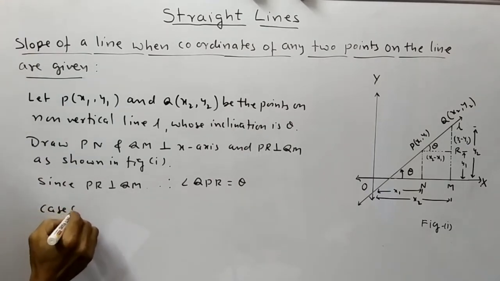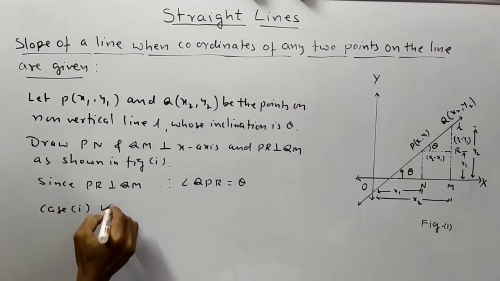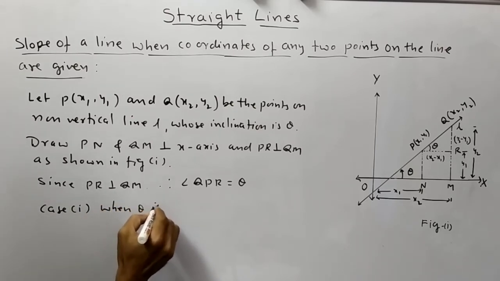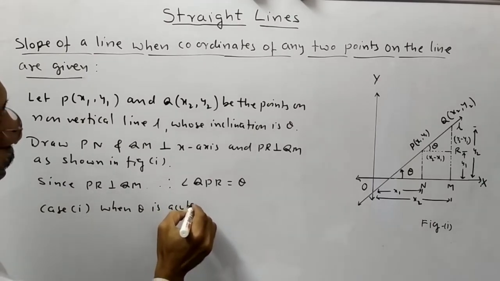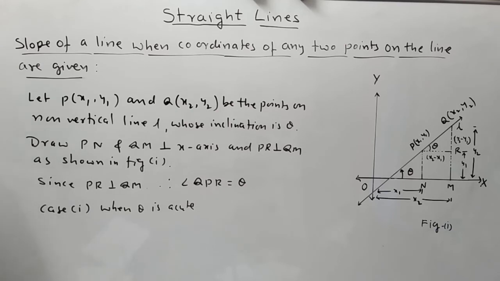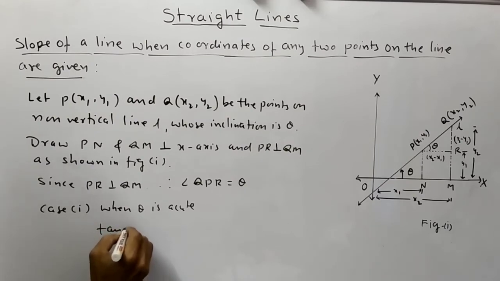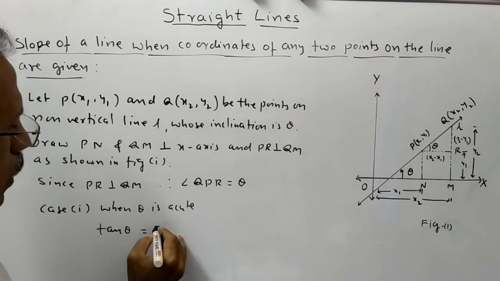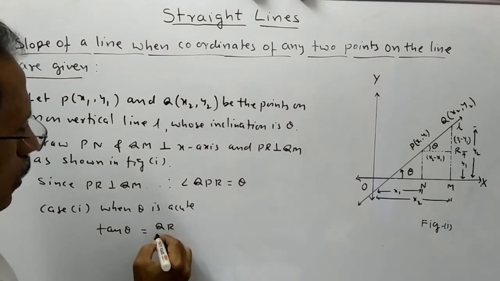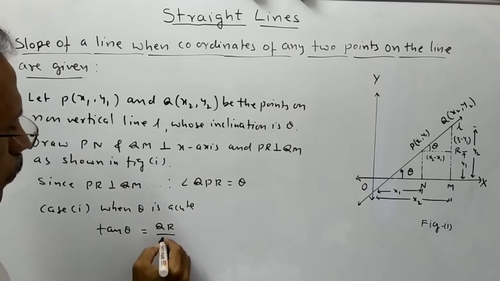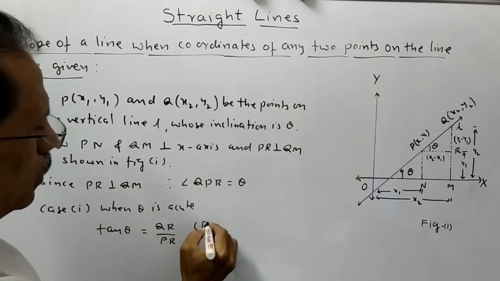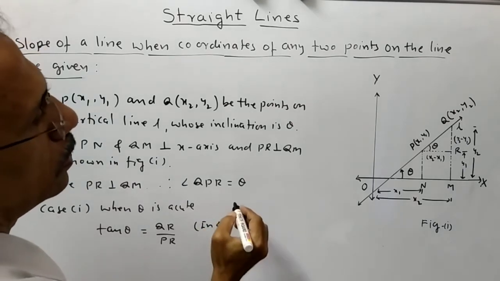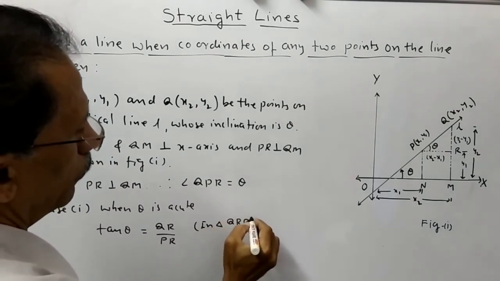Case 1. When theta is acute, tan theta is equal to QR divided by PR in triangle QRP.